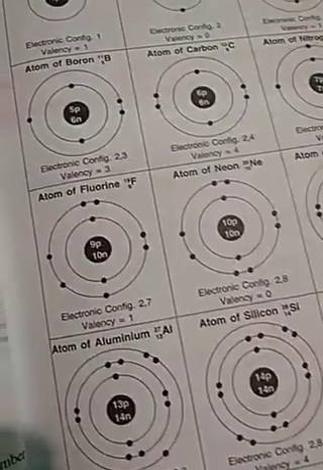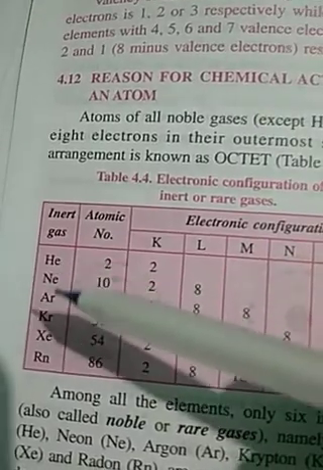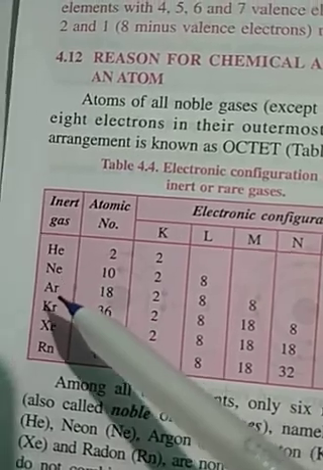Inert configuration: if you see page number 64, here are the configurations of all 6 inert gases: helium, neon, argon, krypton, xenon and radon.